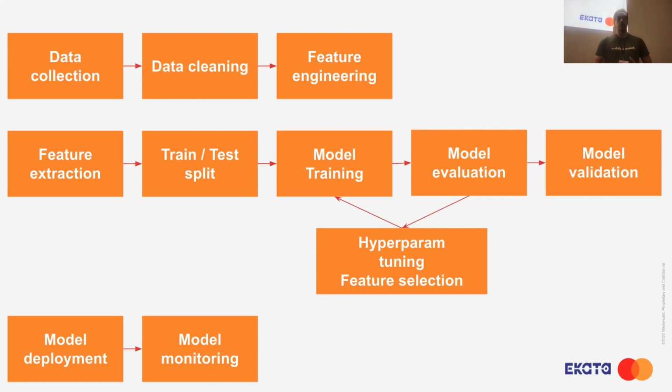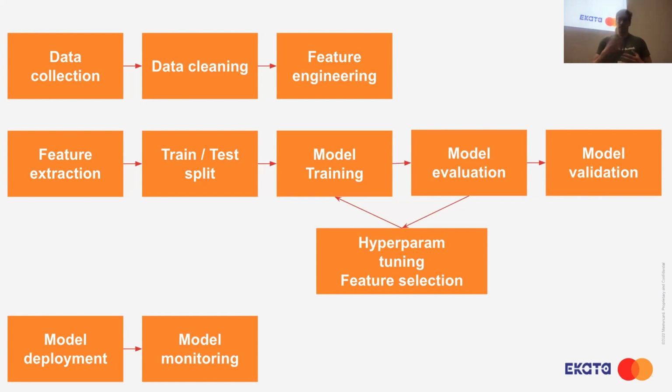Once you specify your evaluation setups, then you will have this iterative process when you are training a model, evaluating, and then setting the hyperparameters and choosing which features you want to use in the specific set. For example, for hyperparameter tuning, for a very easy model like a decision tree, it would be how deep your decision tree would be.